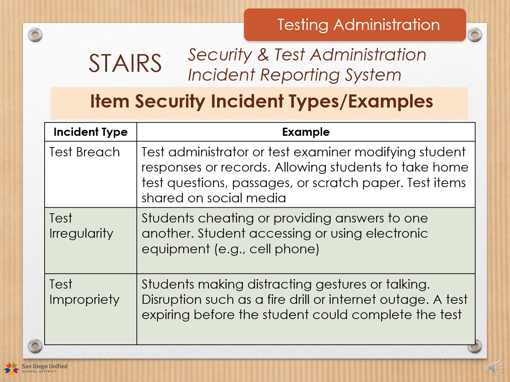For test irregularity: students cheating or providing answers to one another, and students accessing or using electronic equipment. For test impropriety: students making distracting gestures or talking, disruptions such as a fire drill or internet outage, or a test expiring before the student could complete the test.